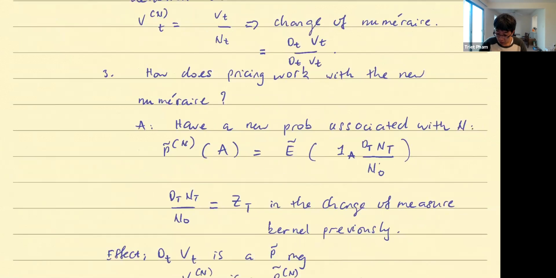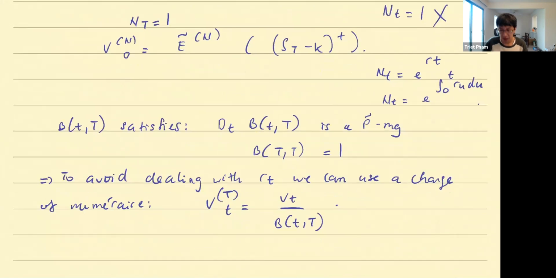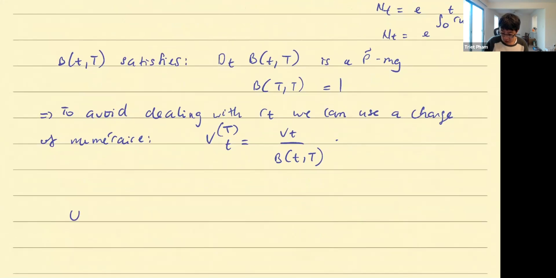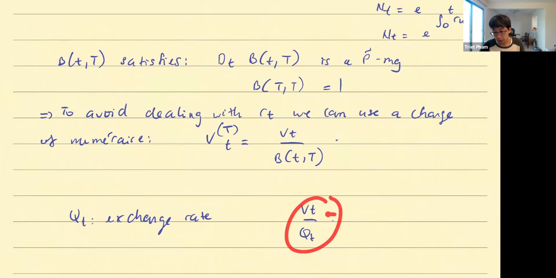If Q_t is the exchange rate, then we like to do V_t over Q_t as the value in the euro or yuan, whatever your other foreign currency is. Doing this is fine. This is conversion into the foreign currency at that time, except that this is not a change of numeraire.